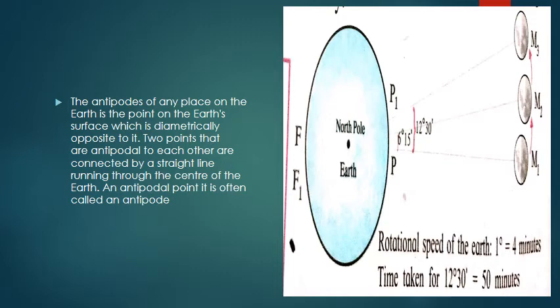So, it takes 24 hours for point P to come back to the original position, that is 360 degrees, correct? And opposite to P will be point F. There are two things here, children, P1 and F1, P and F; they are different points, okay.